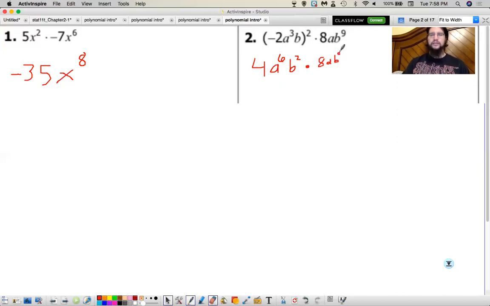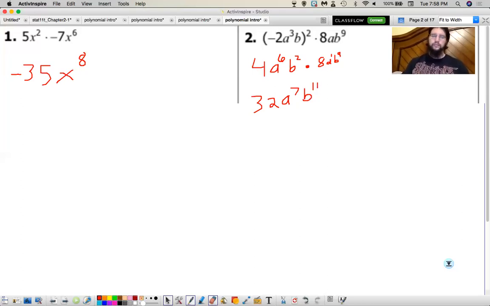So notice we still have things we can put together, so we are not done. We can combine the 4 and the 8. What's 4 times 8? 32. A to the 6th times a, well, that's a to the 1st, understood right there. That's a to the 7th. B squared times b to the 9th, well, 2 plus 9 is 11. Checking in here, nothing else we can do, done.